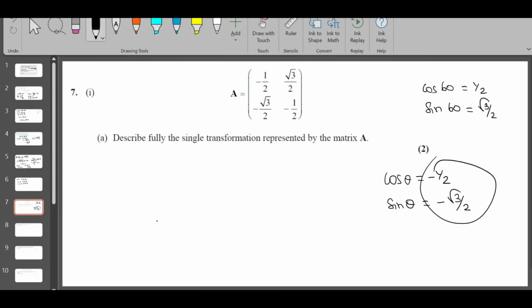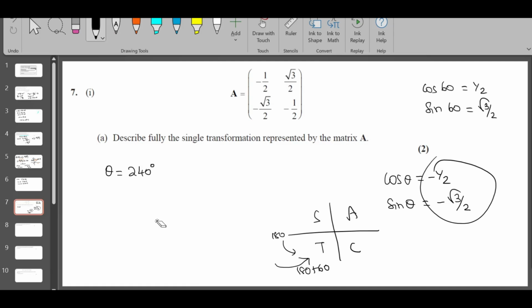Since both are negative, the theta should be in here. You must have learned this ASTC diagram. In the third quadrant, both cos and sin will be negative. So this should be 180 plus theta here. So that tells us theta is equal to 240 degrees, 180 plus 60.